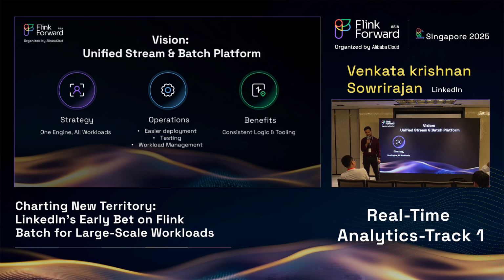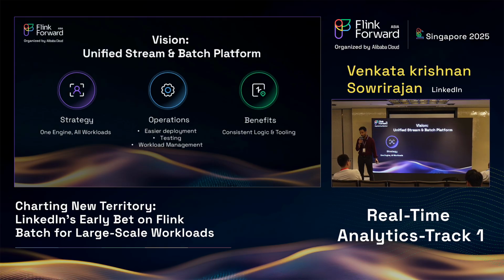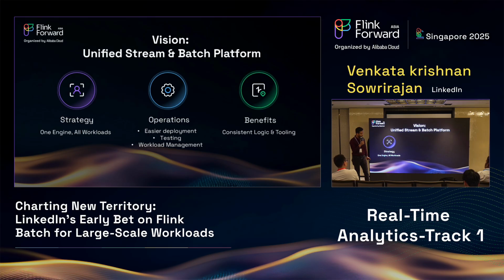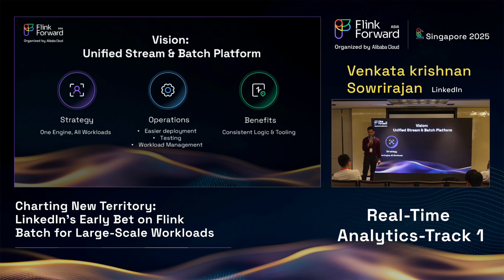But we quickly realized this is not scaling or working at large scale because of the inconsistent data semantics that I alluded to in the previous slides, as well as a lot of debugging complexity. Users have to know two different engines, and there were lots of those challenges.